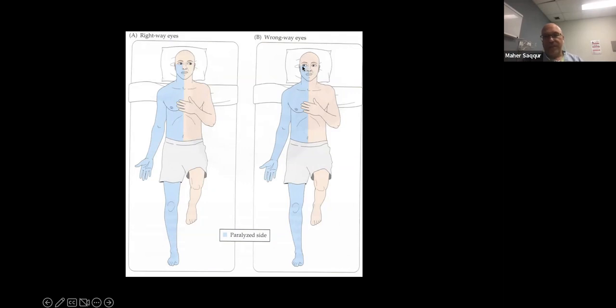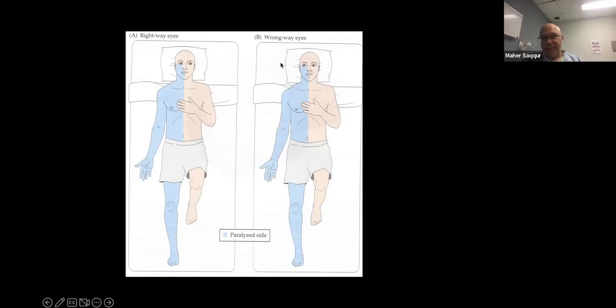Here, the patient has a hemiplegia on the right side and is gazing towards the hemiplegia, he cannot gaze to the left. If this is the lesion here, it means he is gazing away from the lesion.